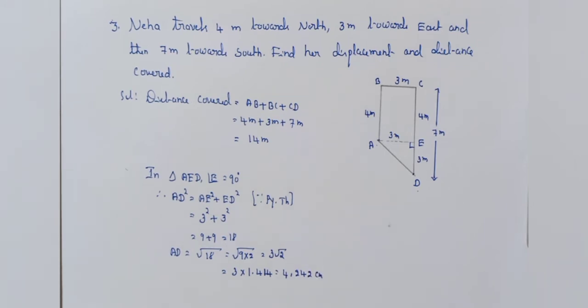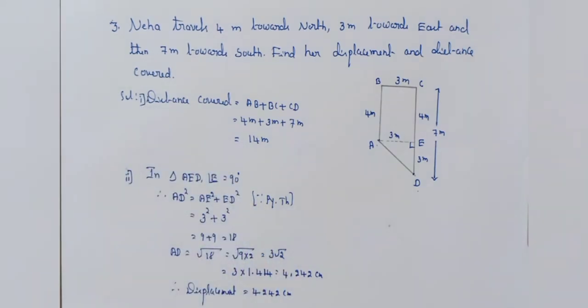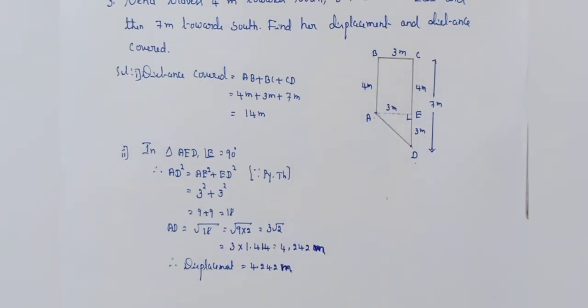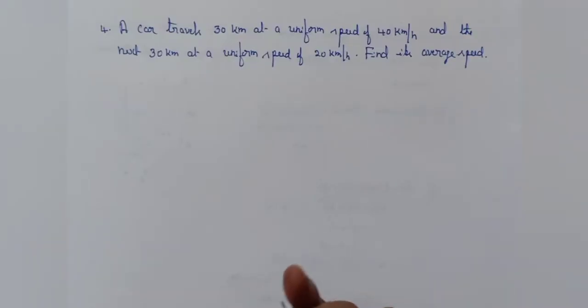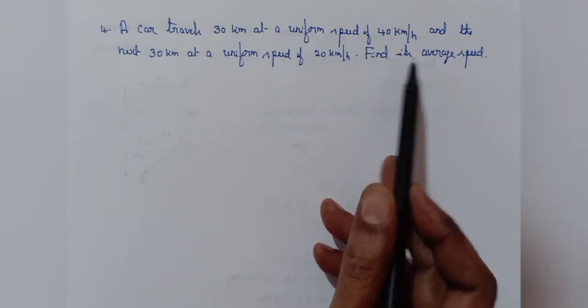So the displacement is 4.242 centimeter. So the distance covered by Neha is 14 meter and the displacement is 4.242 meter.